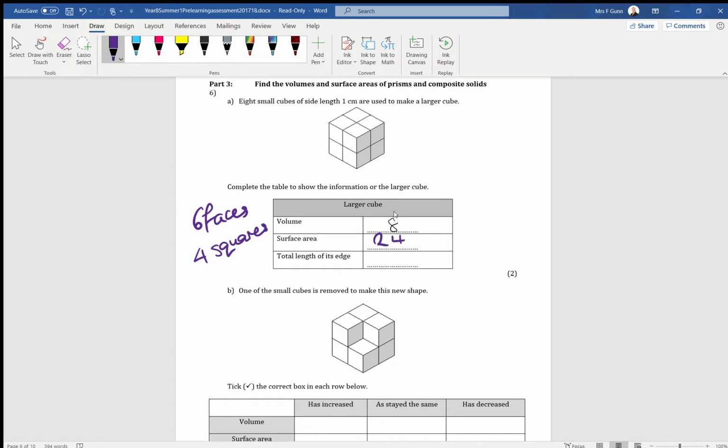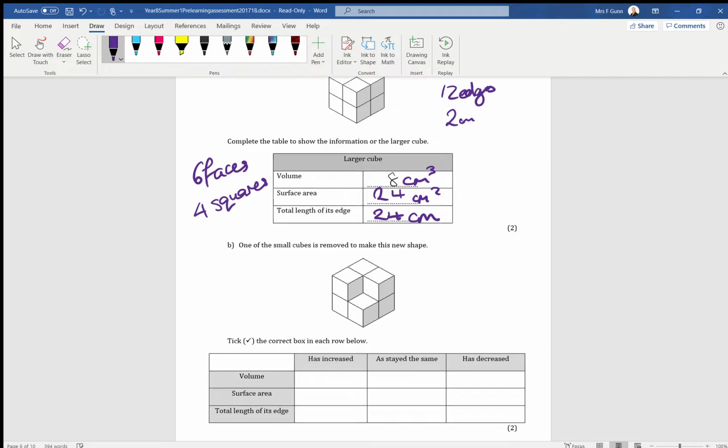The total length of the edges: it's got 1, 2, 3, 4, 5, 6, 7, 8, 9, 10, 11, 12. So it's got 12 edges, and each edge is 2 long. So 12 times 2 is 24. Now, really, units: that should be centimetres cubed, that should be centimetres squared, and that should just be centimetres.